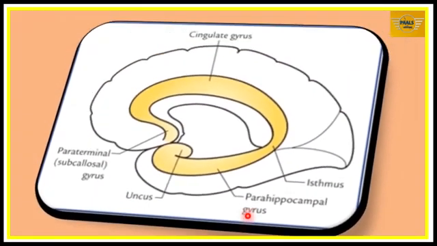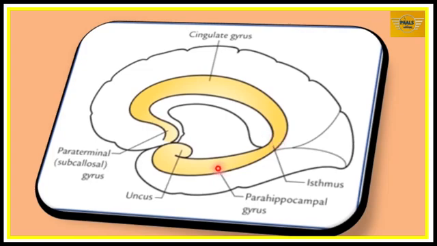In this view, let us identify the other parts we had already shown in the other image. Here is the cingulate gyrus. Underneath it is the corpus callosum. Now, here is the parahippocampal gyrus. Connecting the parahippocampal gyrus to the cingulate gyrus is this point, which is called the isthmus.